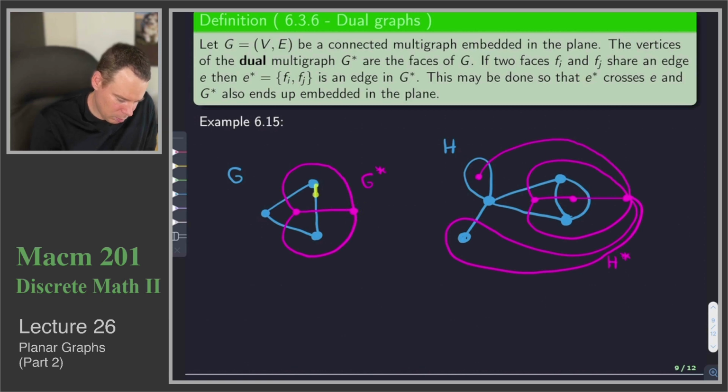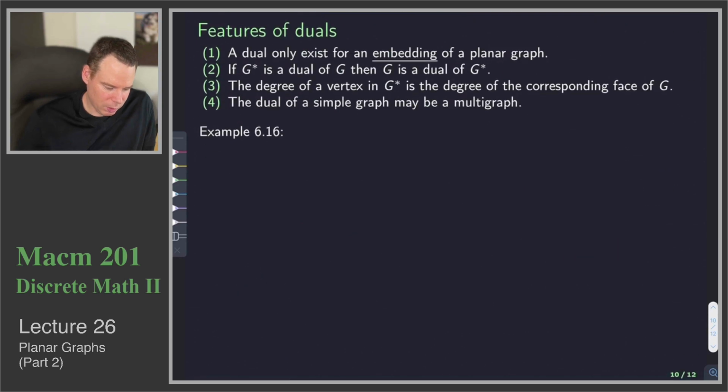It's degree 3, but that's because it's the degree of the facial walk around that infinite face. What about something like this one here? What's the degree of this vertex? Well, that face has degree 1 in H, and so in the dual graph, it's got 1 edge leaving it, so it's got degree 1. And so that's just the observation we can make about how our definition works.